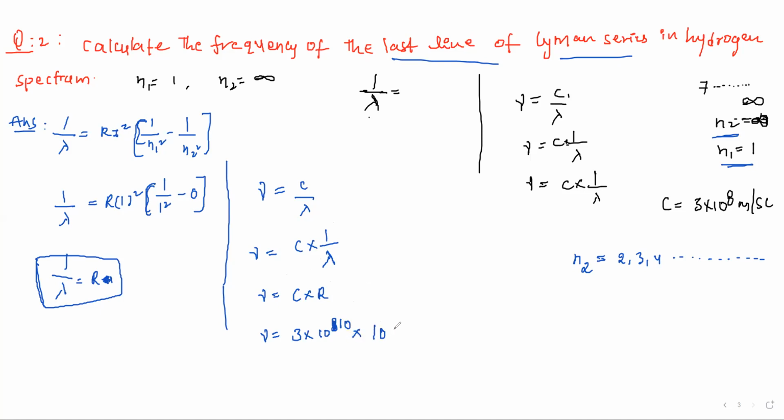What is that in centimeters? 109678 per centimeter. Calculate this one. After calculating, nu equal to 3.29 into 10 to the power of 15 per second frequency.